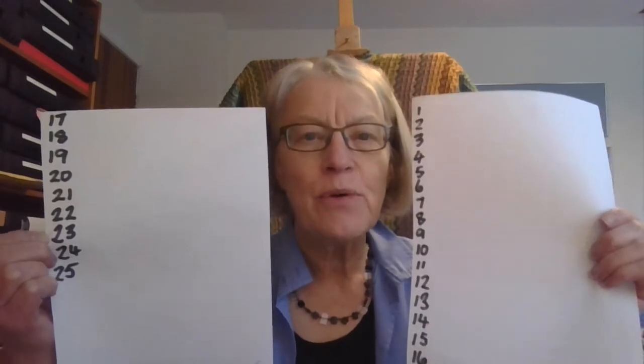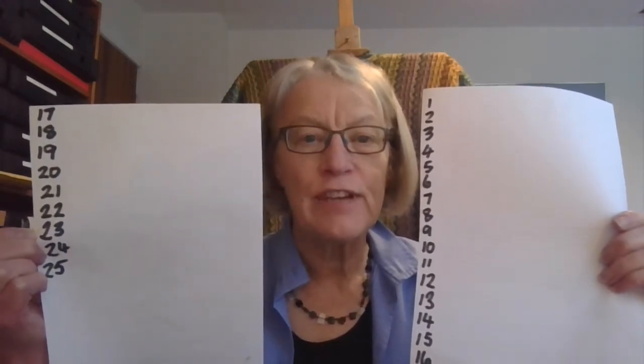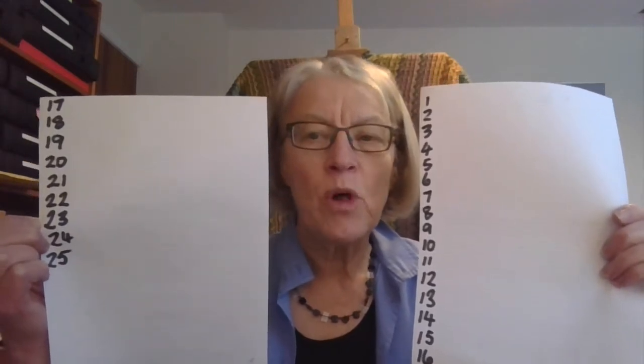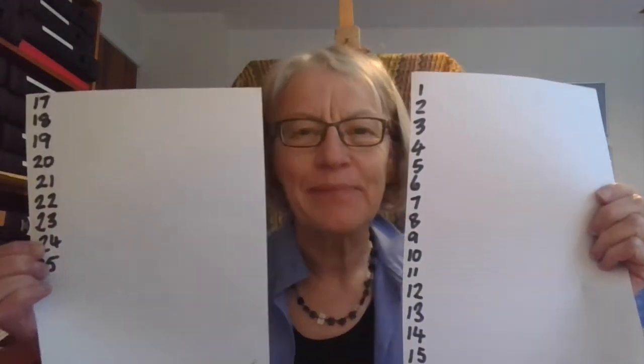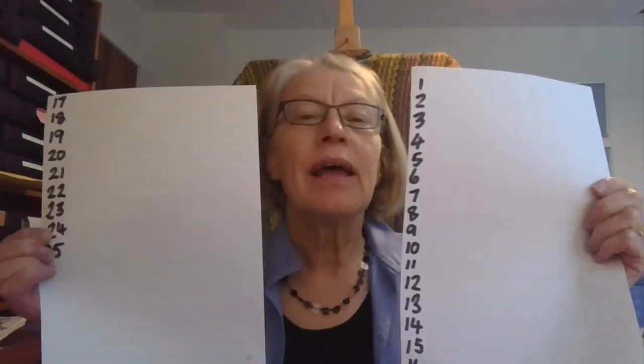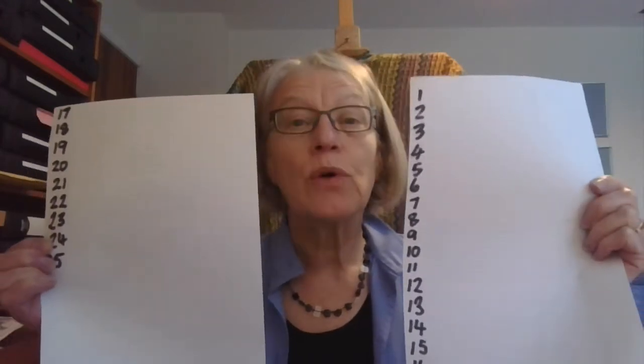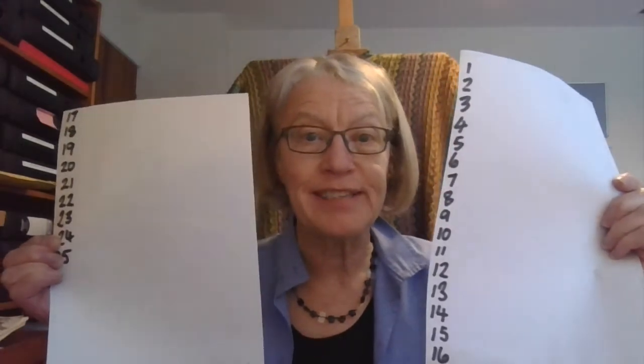I will give you all the answers at the end of the video, and there will be 25 questions today, so lots of work, but they're quite easy. And remember, when we have questions or an activity, you can pause the video while you write down your answer.